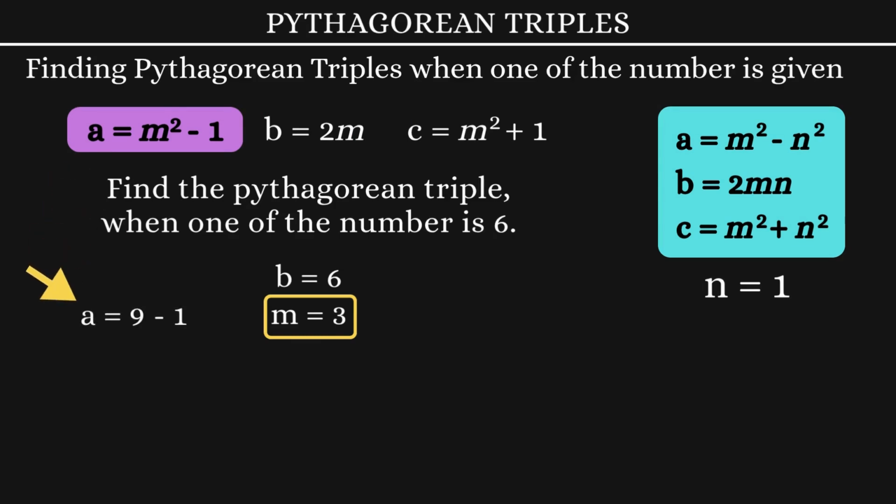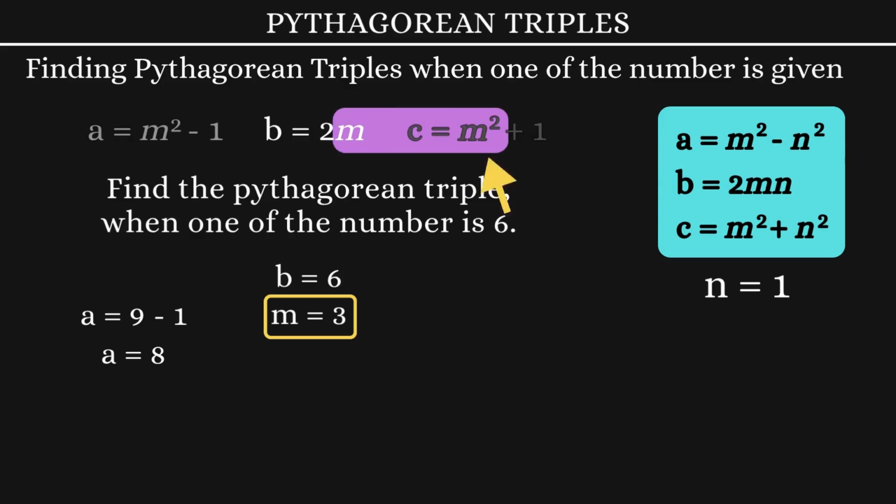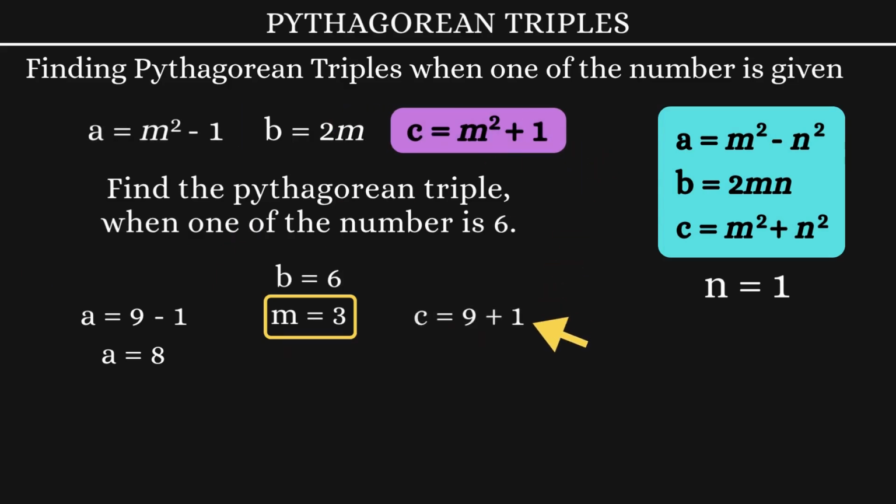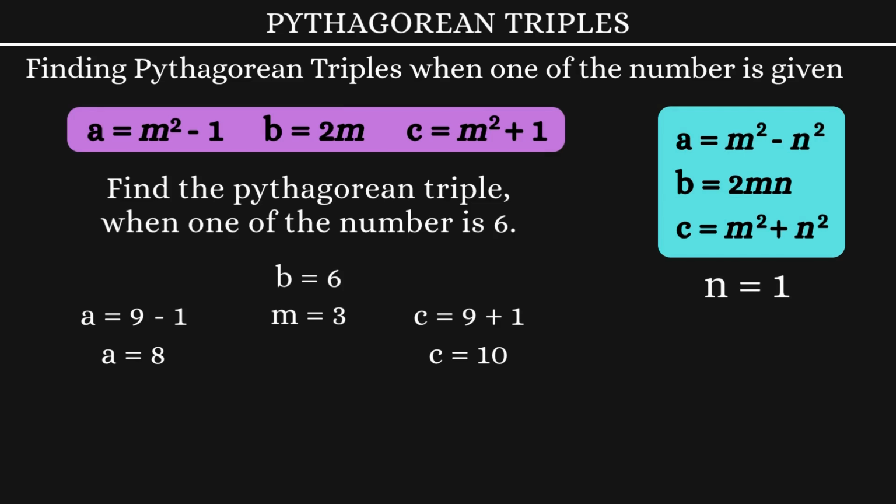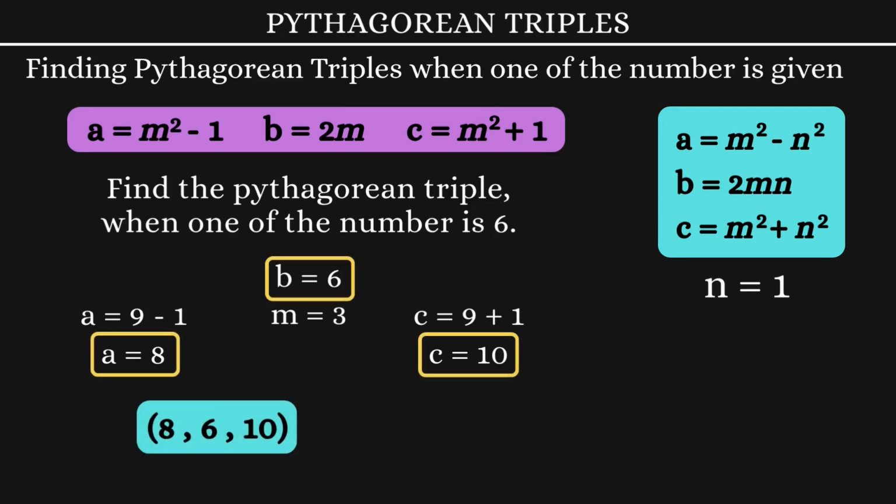So A is 9 minus 1, A is equal to 8. And C becomes 9 plus 1, which is 10. So our Pythagorean triple will be 8, 6, 10. Let's arrange it in ascending order. 6, 8, 10 is the answer for this question.